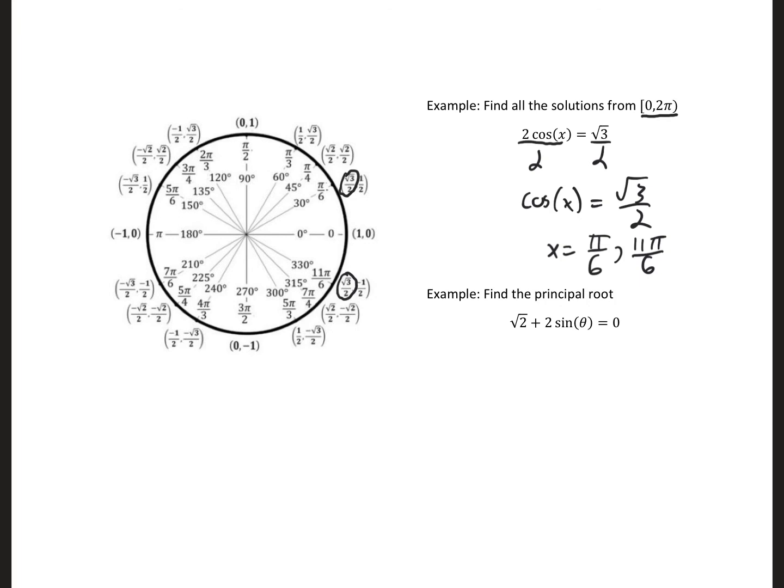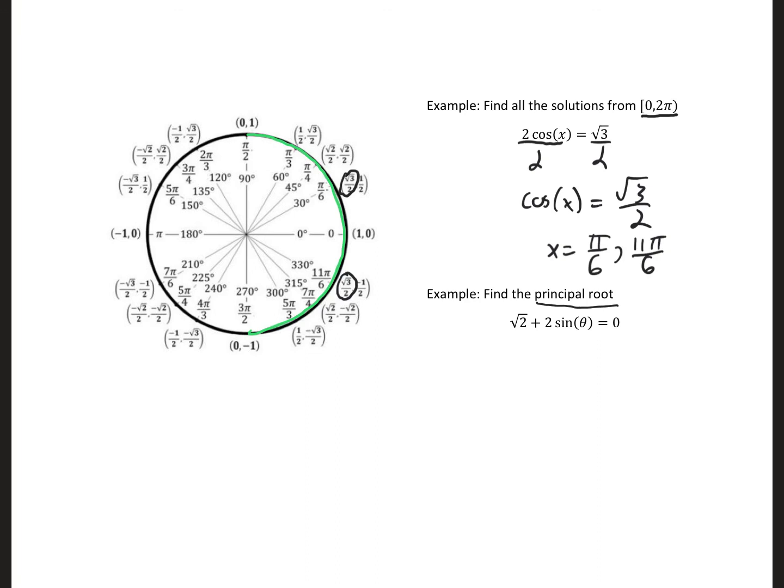Now we're asked to solve an equation, but we're going to use the principal root, and we're doing so for sine. If we're talking about sine, we are only going to use this region of the unit circle, and the things that are to the right of 0 degrees, we're going to count as negative angles.